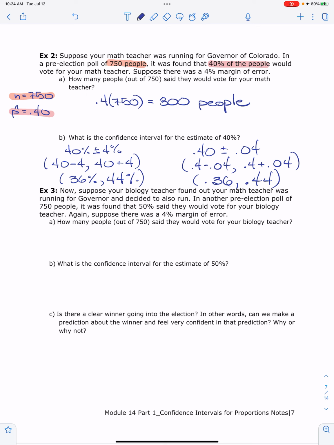Example 3. So your biology teacher now has decided to run for governor. Seems a little petty, but whatever. And another pre-election poll of 750 people. So again, we've got N equals 750.